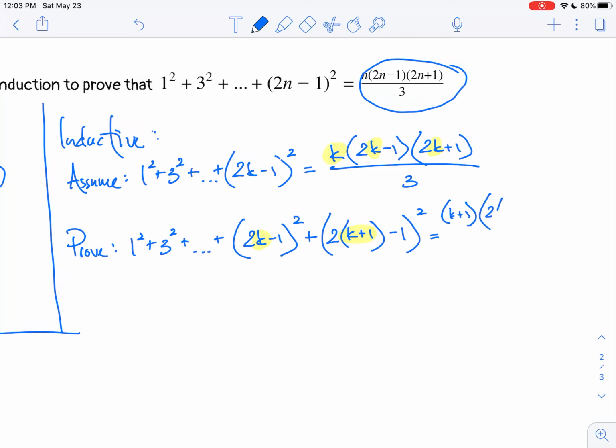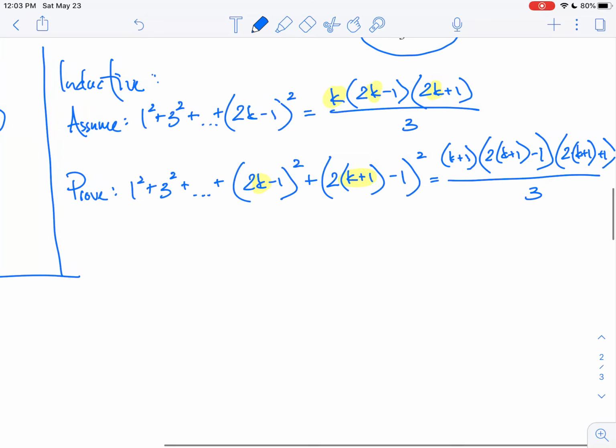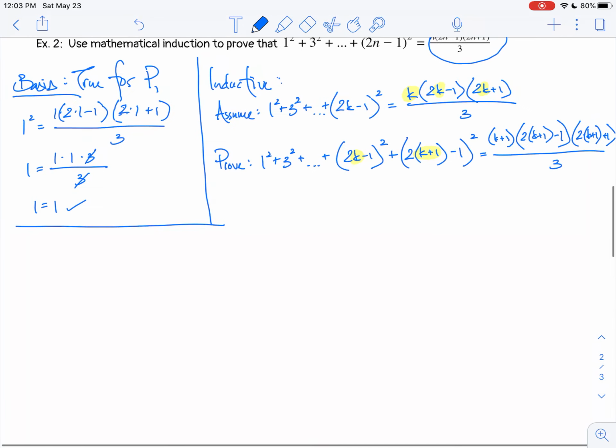So (k plus 1) times (2 times (k plus 1) minus 1) times (2 times (k plus 1) plus 1) over 3. All right. I think I'm going to need more room, so let me go ahead and bring that down here so I can work all the way across, okay?